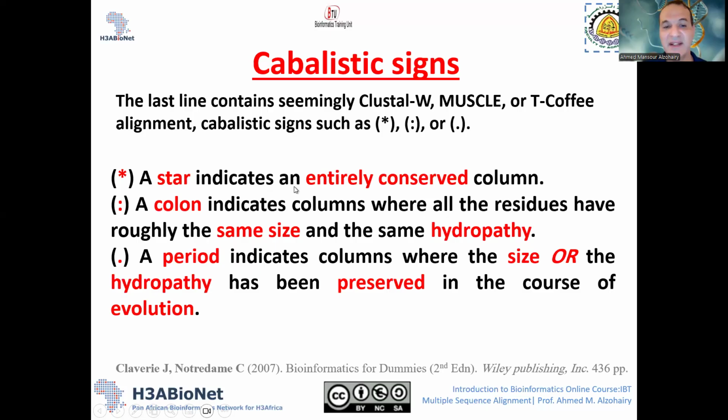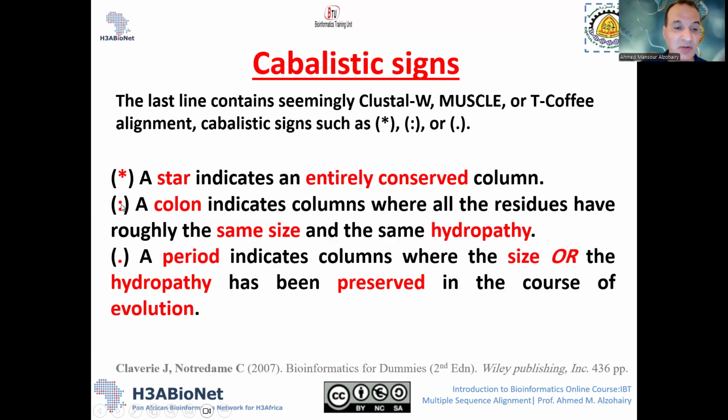Star indicates an entirely conserved column. So if you have a conserved column in your multiple sequence alignment, you will find this star under it, which means that this column is entirely conserved. If you find a colon under your multiple sequence alignment, this indicates a column where all the residues have roughly the same size and the same hydropathy.